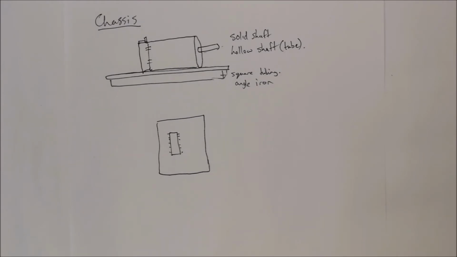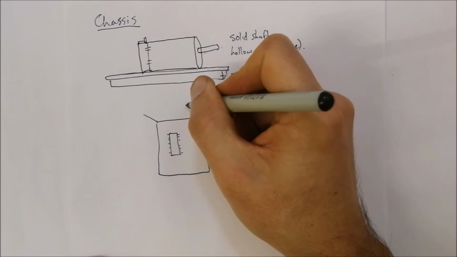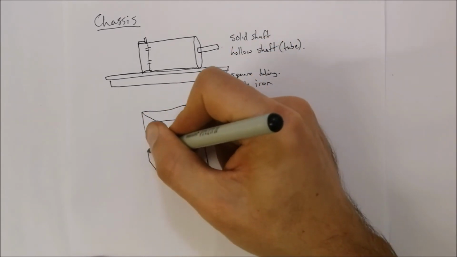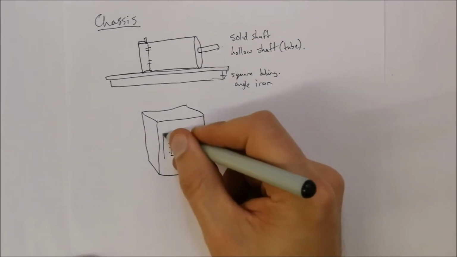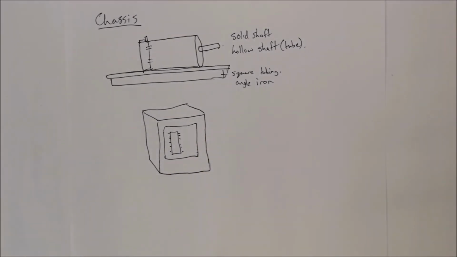You do get situations where your electronic box needs to be a Faraday cage. Okay, so you might have an electronic box like this, and you've got your electronics inside of that, so that might be a little PCB inside over there with your microcontroller on it.